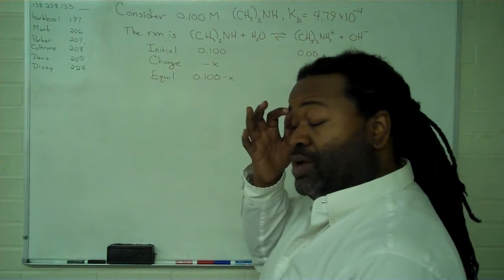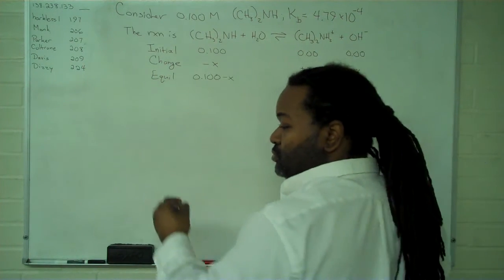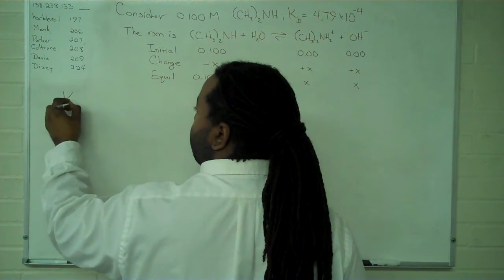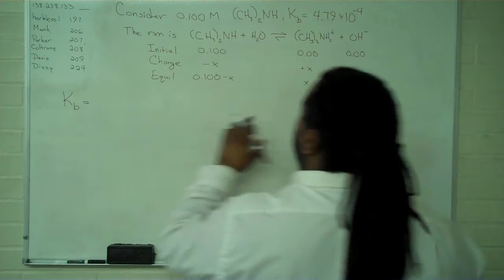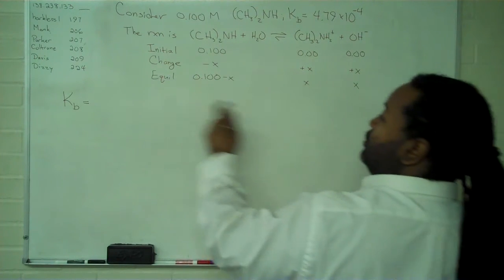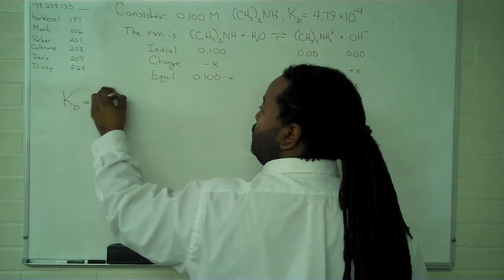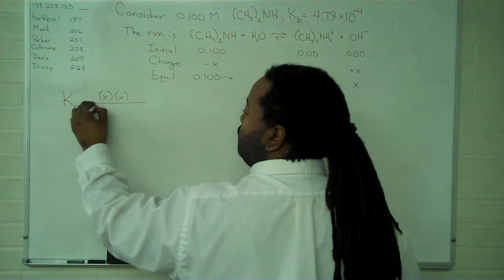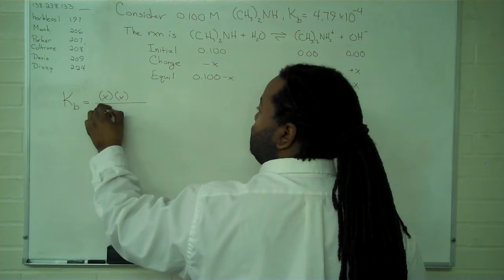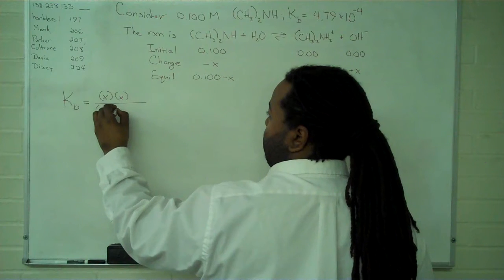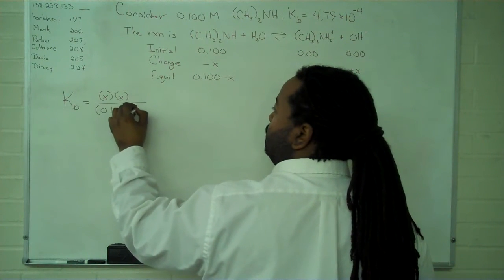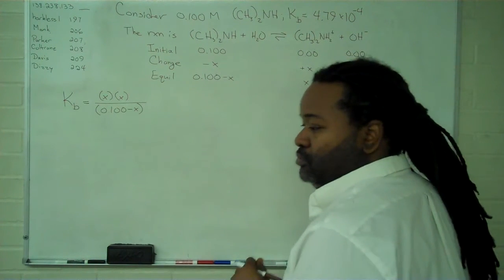So now we can write out the Kb expression, substituting in for our ions here, and then substituting in the dimethylamine on the bottom.